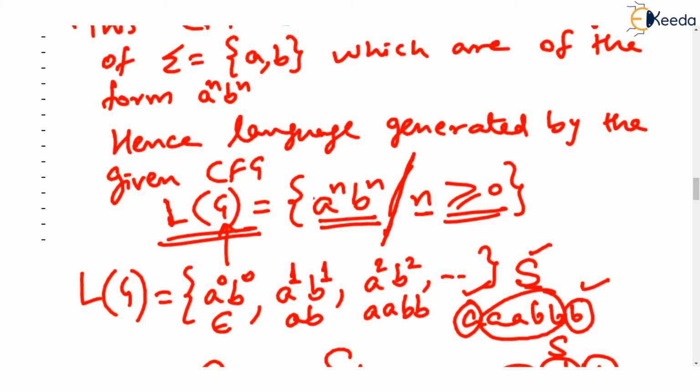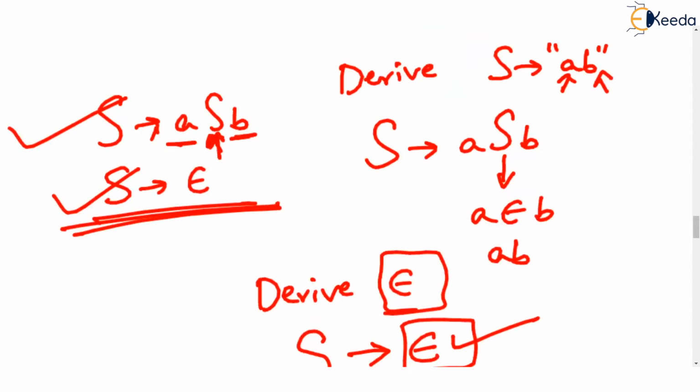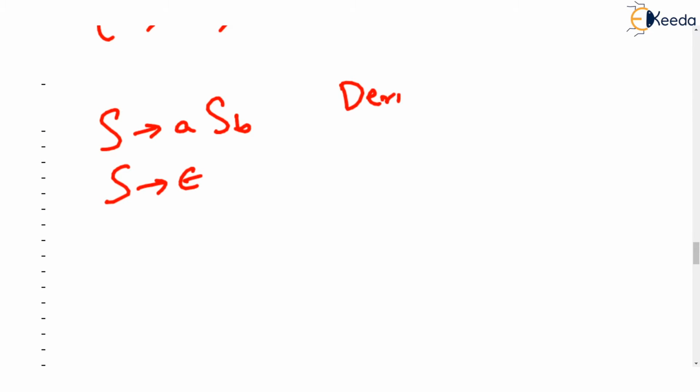But given the same grammar, I will just rewrite the grammar again. Given the same grammar, suppose you are asked to derive, let's say, the string double A B. Can you derive this string from the given grammar?